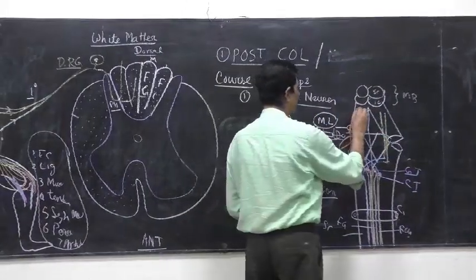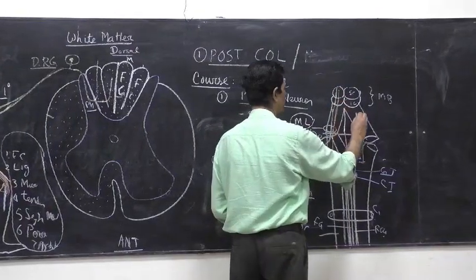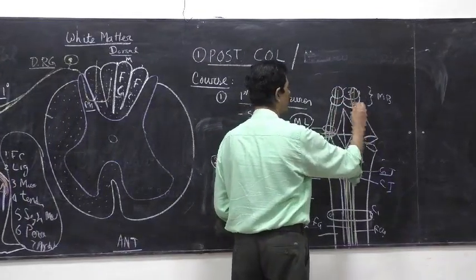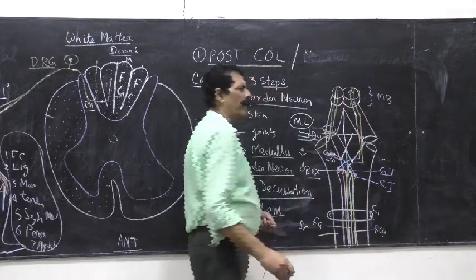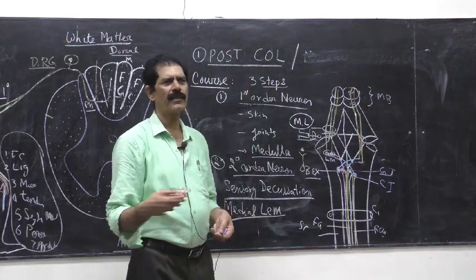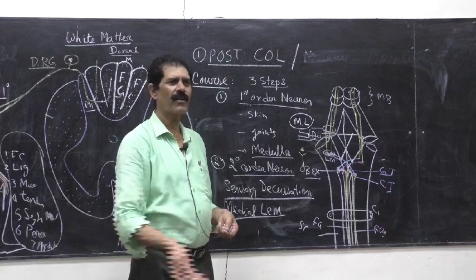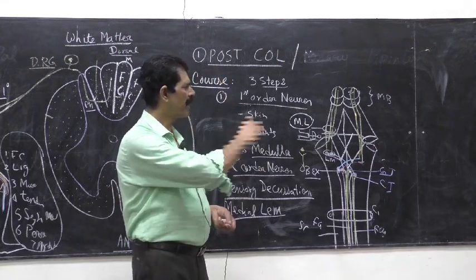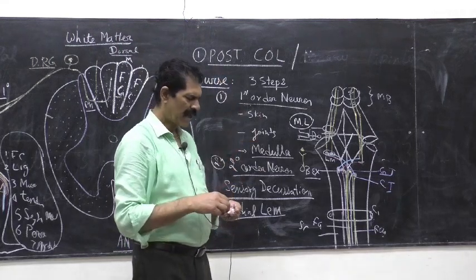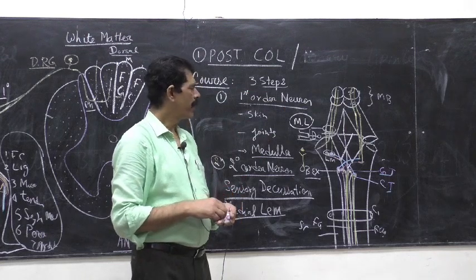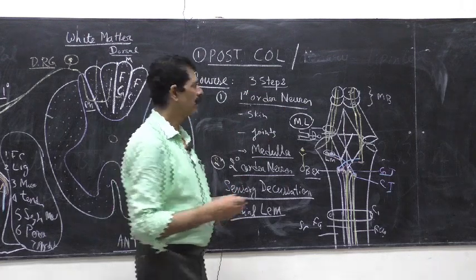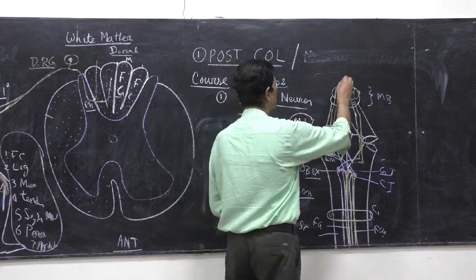Now from the midbrain, these medial lemniscus fibers go on. Next to the midbrain comes the diencephalon. Now the brainstem ends, now starts the diencephalon, and in the diencephalon, the major structure is thalamus.